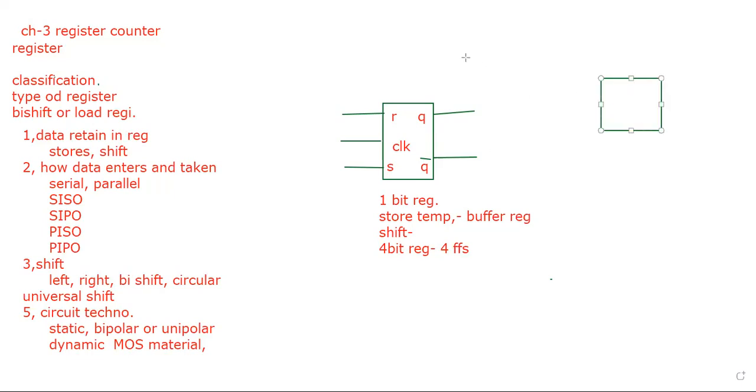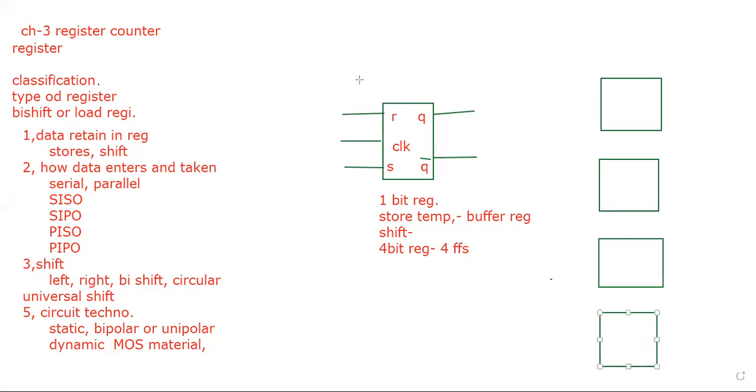Here it is one register, and let me draw all four figures together. So here it is, say serial in, serial out. This is SISO. Then there are parallel in, serial out.